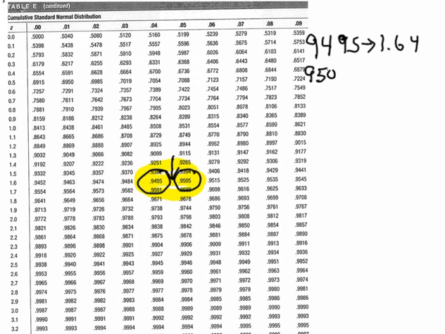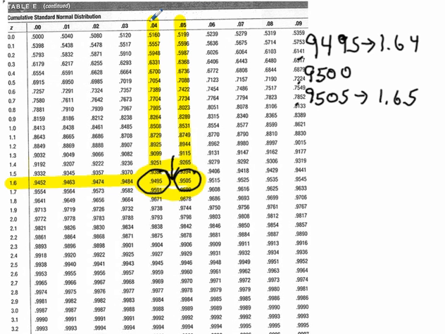We want the 9500. Well, it's bounded on the other side by a 9505, which matches with a 1.65. You can see that by looking over here, the 1.64 and the 1.65. So we're right there in the middle.